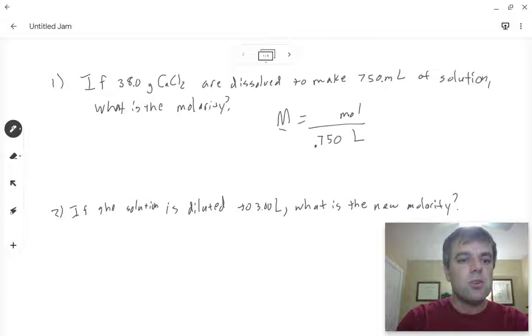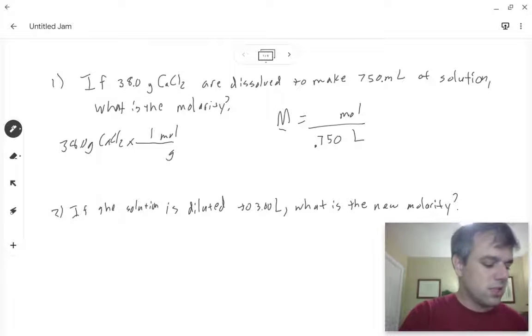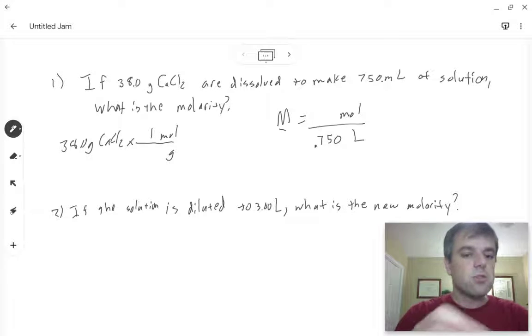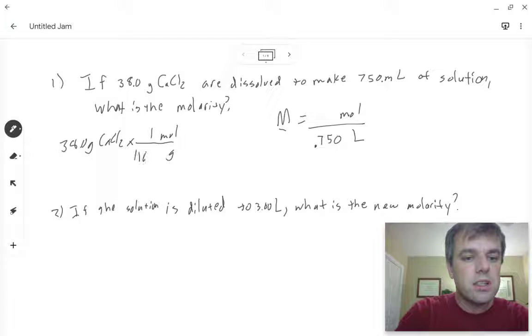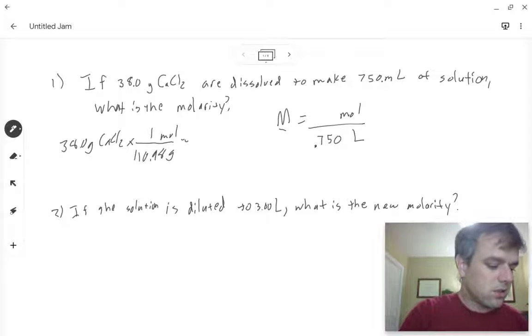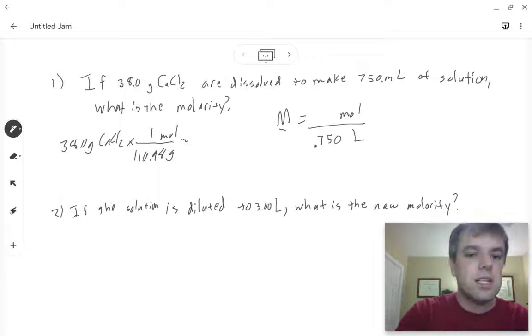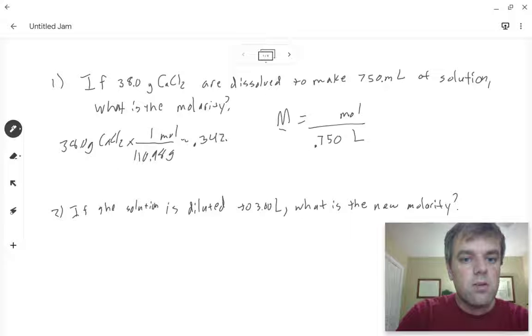Then to find moles, we need to take our 38 grams of calcium chloride and convert those grams into moles, where 1 mole equals the mass of calcium plus the mass of chlorine times 2, which is 110.98. So we take 38 divided by 110.98, which is 0.342 moles.